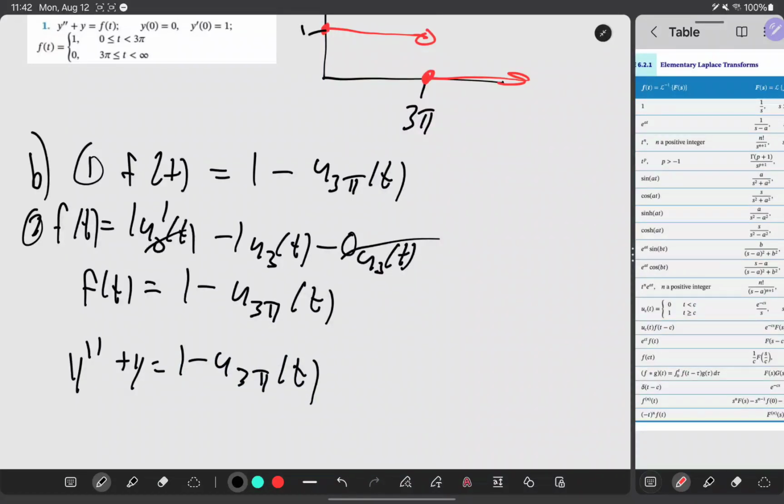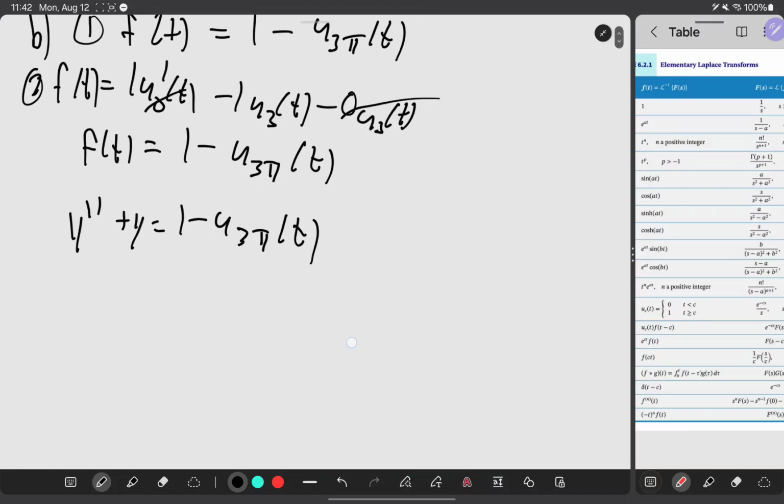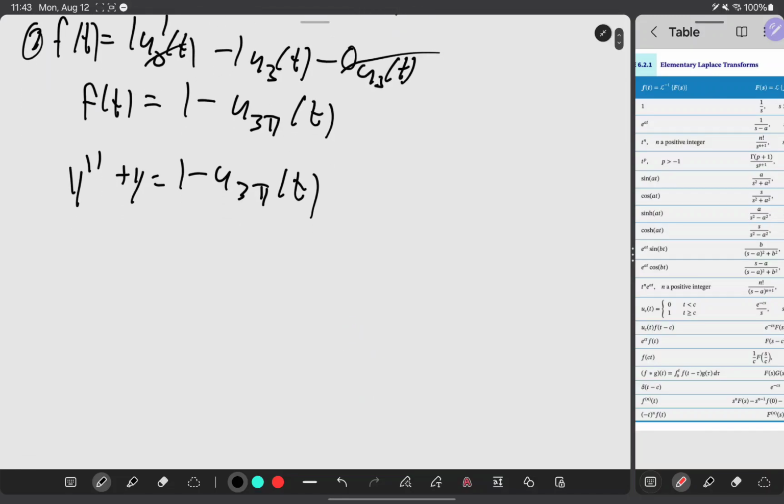So we have this equation. It's a second order differential equation. We want to solve for y by itself, y of t, a function of time. Right now it's ugly, and we want to reduce it to an equation that's easy to solve. So what we're going to do is take the Laplace transform of this.